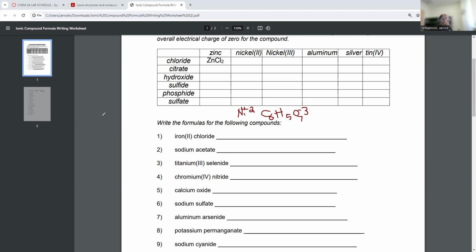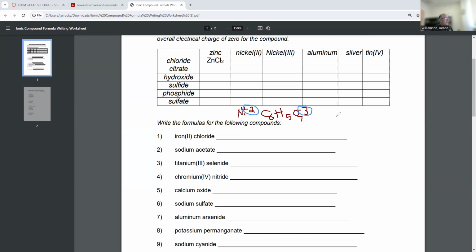Since this is a +2 and this is a -3, the least common multiple between the 2 and the 3 is 6. That means you'll need 3 of these nickel +2s and 2 of these citrates.